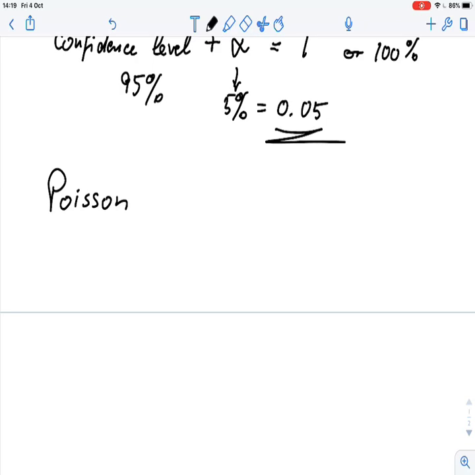So I told you the Poisson, the confidence interval is basically we have a count plus minus this magic number 1.96 times the square root of the counts. Now, where does this 1.96 come from?